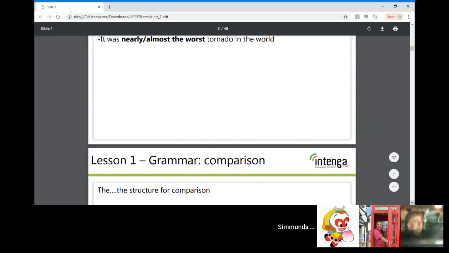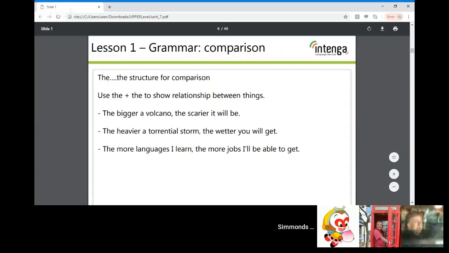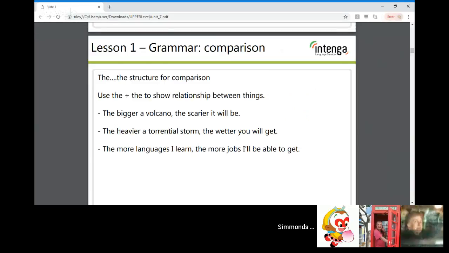So the structure for comparison. All right, so let's see. Can you read the lesson? Why don't you read this for us, okay? The structure for the comparison uses the two. So relationship between things.